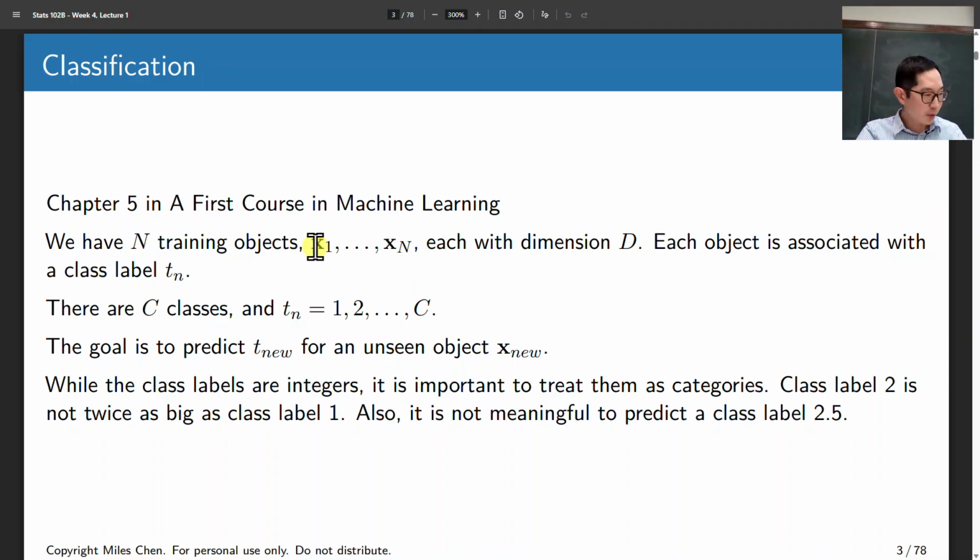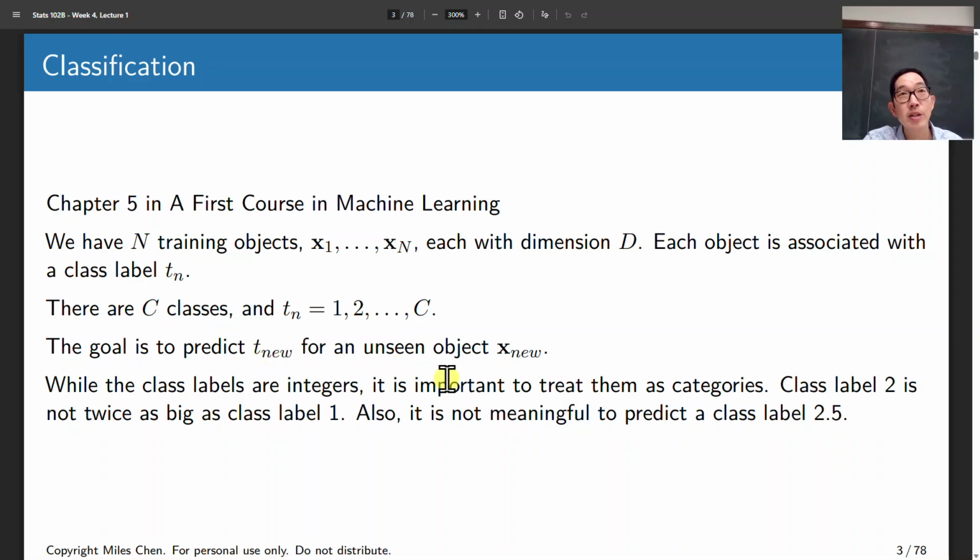So you have multiple values associated with each object, and each of these objects has some kind of label, which we're going to call T, our target label. The classes are just some kind of category, right? Right now they have integer labels, but they are categorical variables. And the goal is to predict the class.